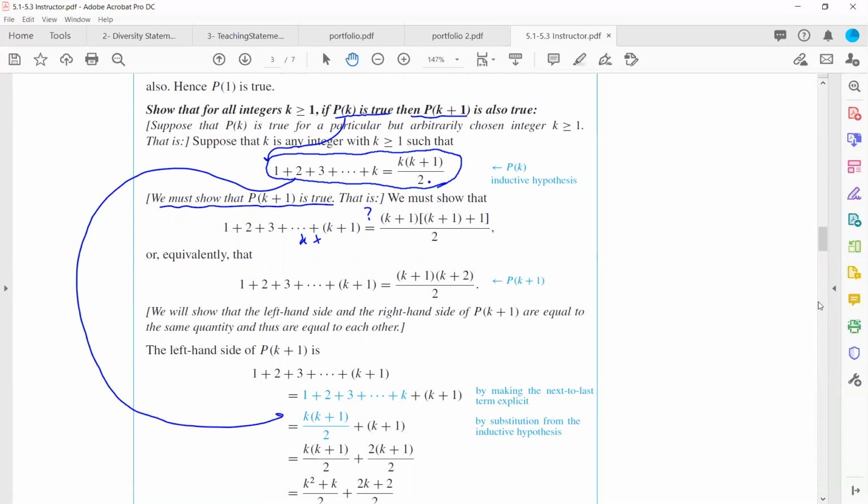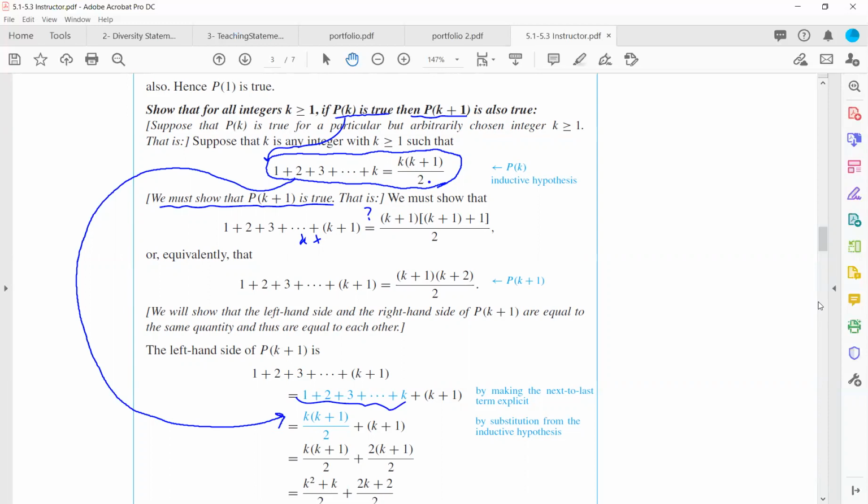So let us substitute k times (k plus 1) divided by 2 for 1 plus 2 plus 3 up to k. And you have the last term, which is k plus 1.